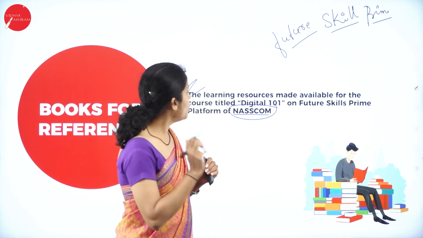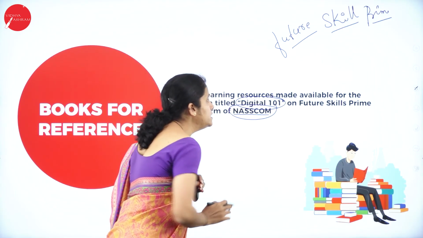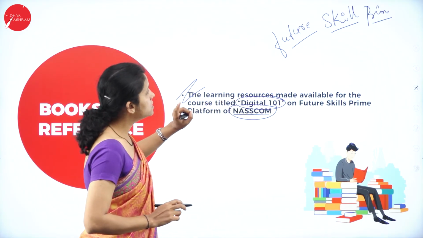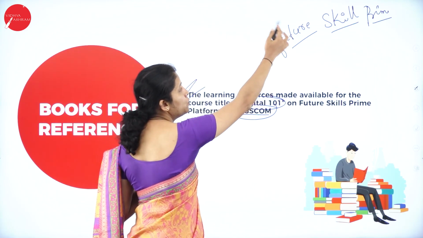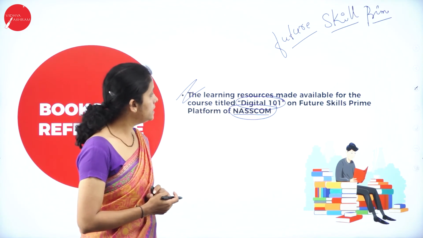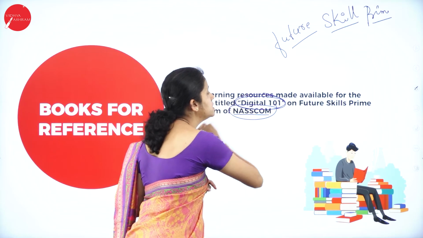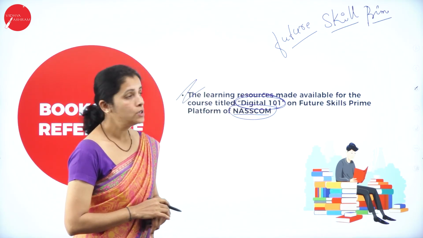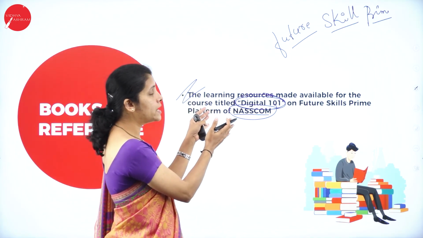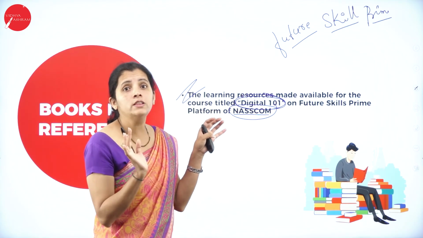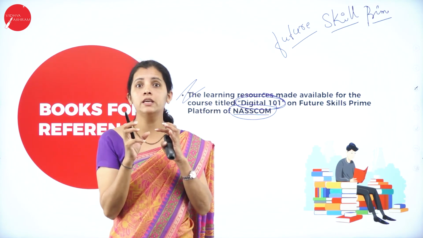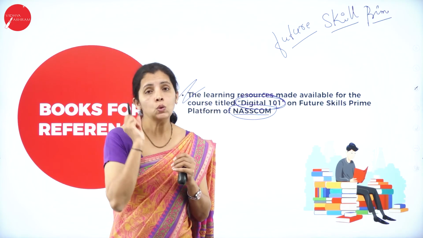Here you want to select Digital 101. This is the course name. First, you log into the Future Skills Prime app. In that, you search for Digital 101. So, what is this Digital 101? This is the course name. Under this course, we are going to get all the study materials. That is, for module 1, we are going to have the videos as well as notes.